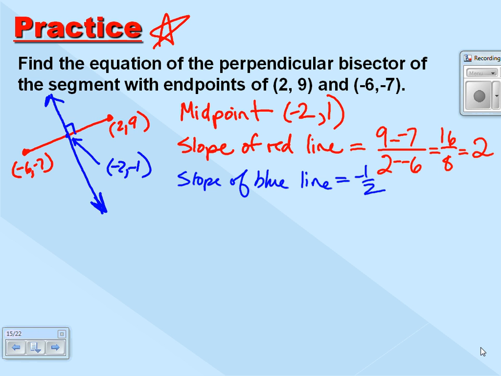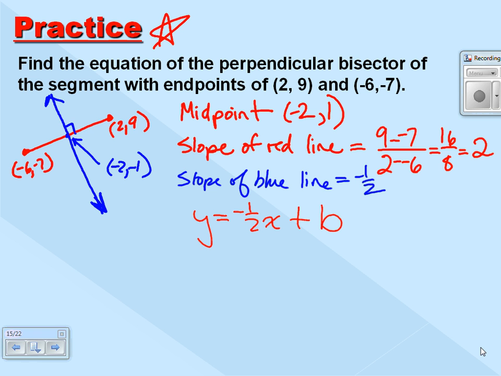All right, how's that going to help me? I already know one bit of information. I know the slope of the blue line. So I'm going to start off. Y equals -1/2 x plus b. That's the equation of the blue line. So in order to figure out what b is, I need a point on the blue line.